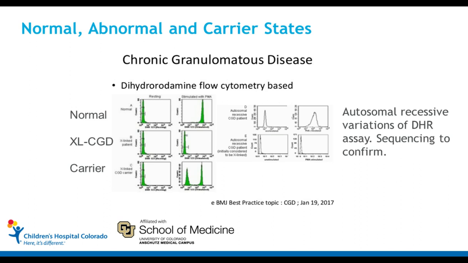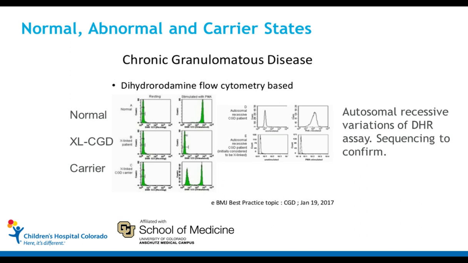Autosomal recessive patients are rather more difficult to diagnose simply because there's more variation in their oxidative burst result. Shown here on the right-hand side are some plots from autosomal recessive CGD patients. One of the characteristics is a rather broad peak, shown in the top plots on the right-hand side, following stimulation.